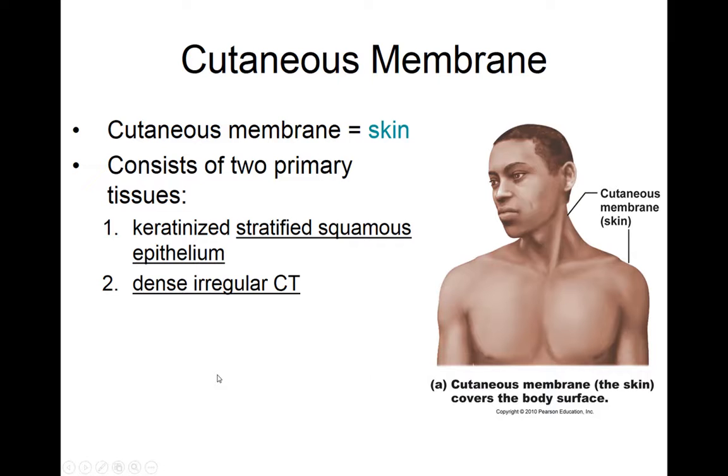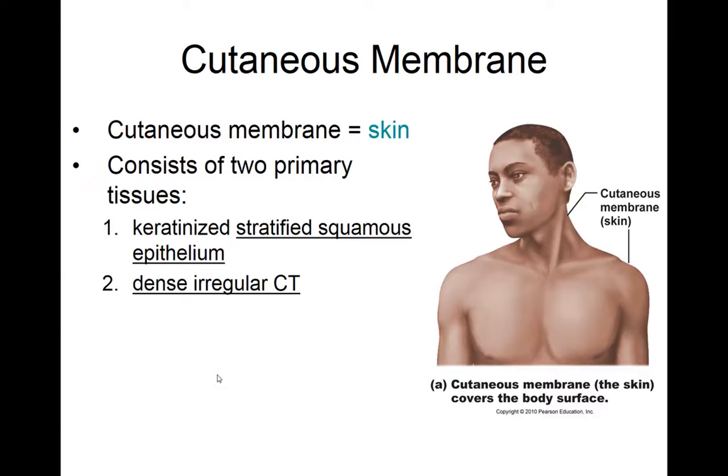So the first one, our cutaneous membrane, like the skin, this has 2 tissues. The outer tissue is a stratified squamous epithelial tissue. What is the function of that tissue? Protection. That makes sense to me. All right, it's your skin. The outermost layer is going to be there for protection. Underneath that is dense, irregular connective tissue.